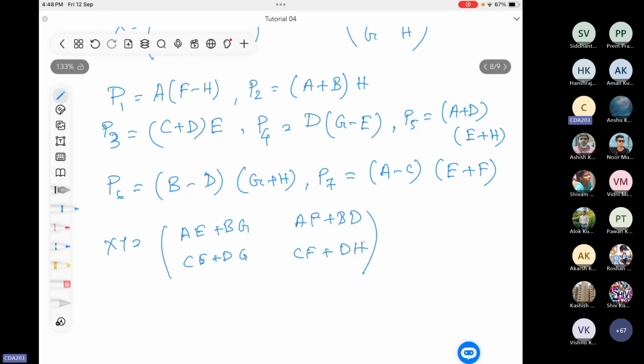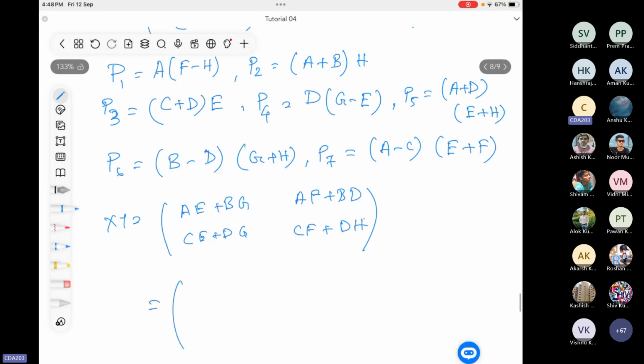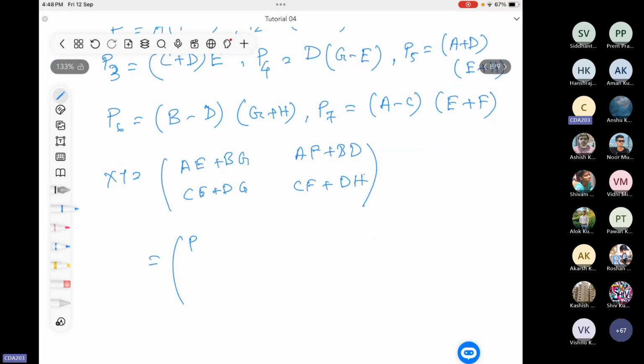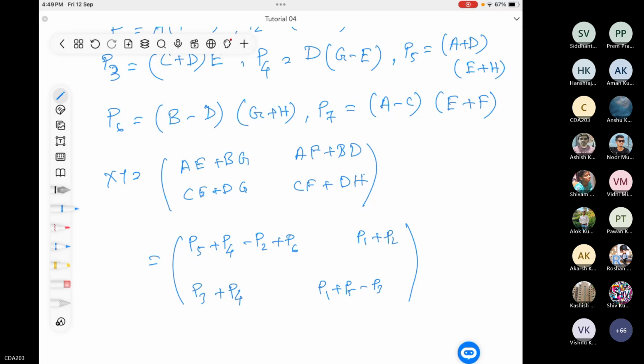So how it's obtained is not known. Let me write it completely: P5 plus P4 minus P2 plus P6. He somehow came up with this idea that this is equal.